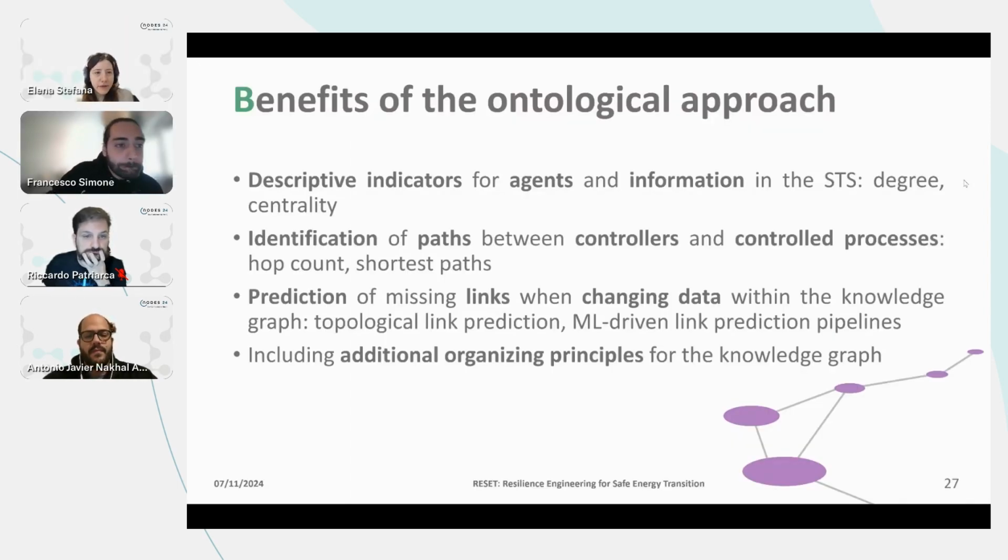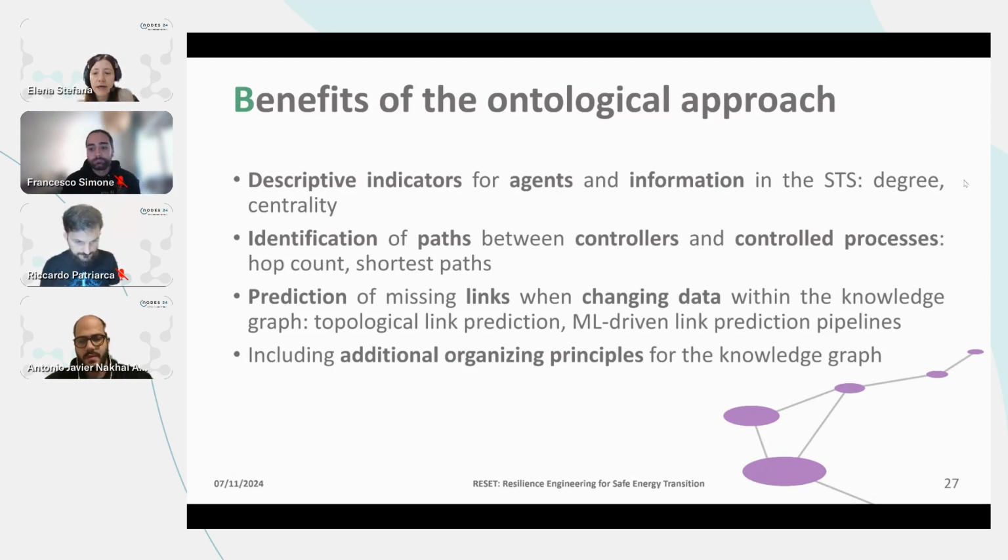So, good morning also from my side. As my colleagues highlighted before, there are huge benefits from the use of an ontology, from this conversion from the STAMP model to the knowledge graph.